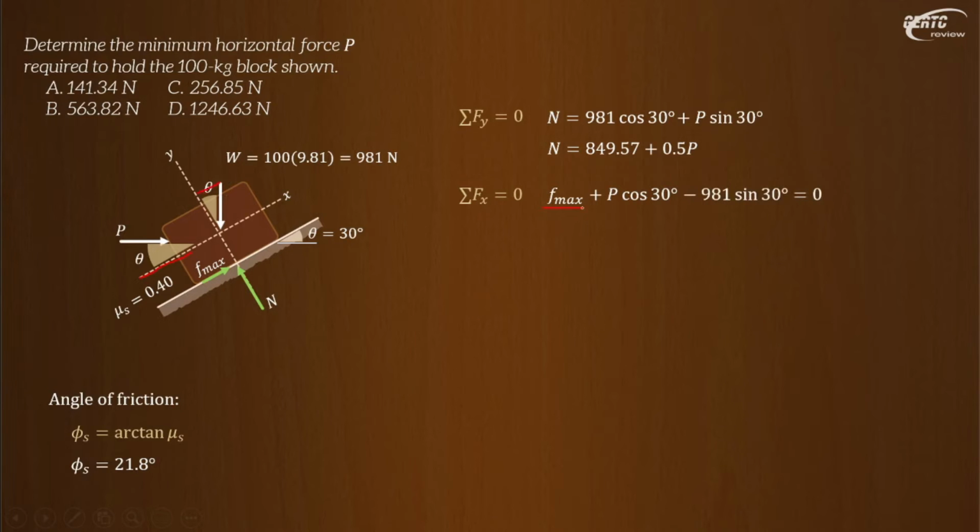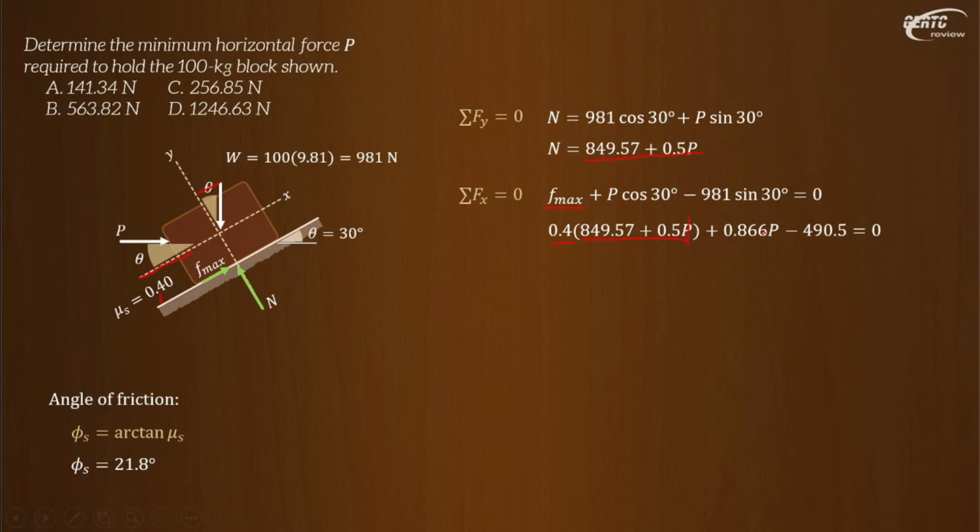And what is F max? F max is mu times N, and this is your N. Let's substitute that: mu times N, plus P cosine 30 degrees, which is 0.866, minus 981 times sine of 30, which is 0.5, equals 0.